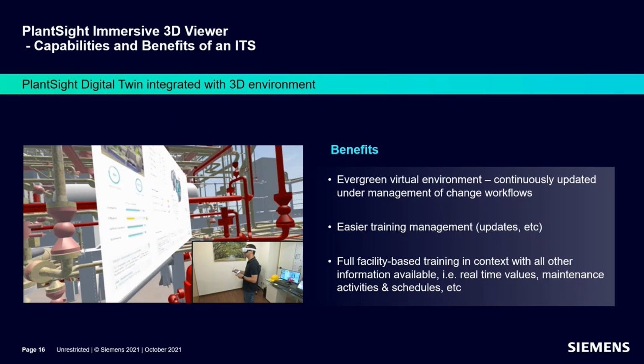Is this a safe area of utilities process, or is it perhaps a hydrocarbon area which is higher rated? Maybe even that maintenance is already in progress and he can see areas of the plant which are barriered with no access. Again, this is providing that immersive awareness and learning before you put your people onto the plant.